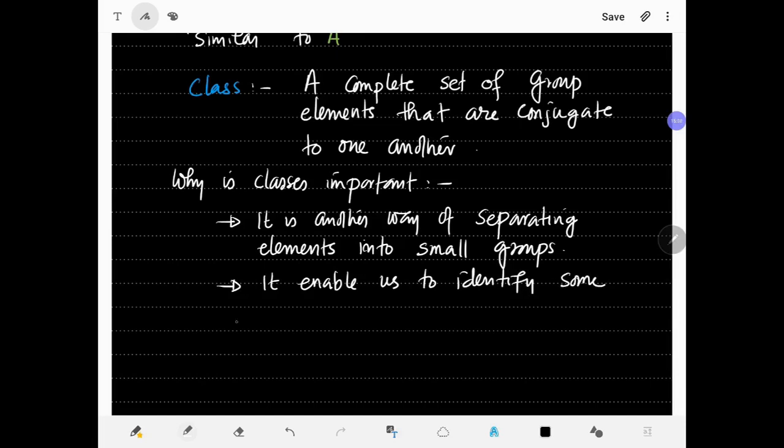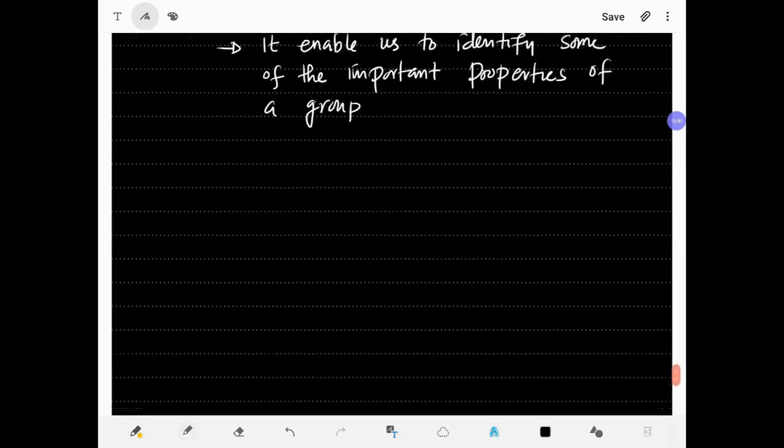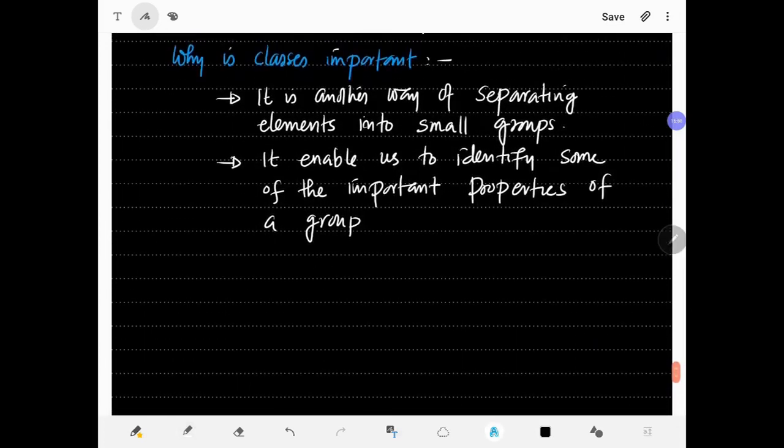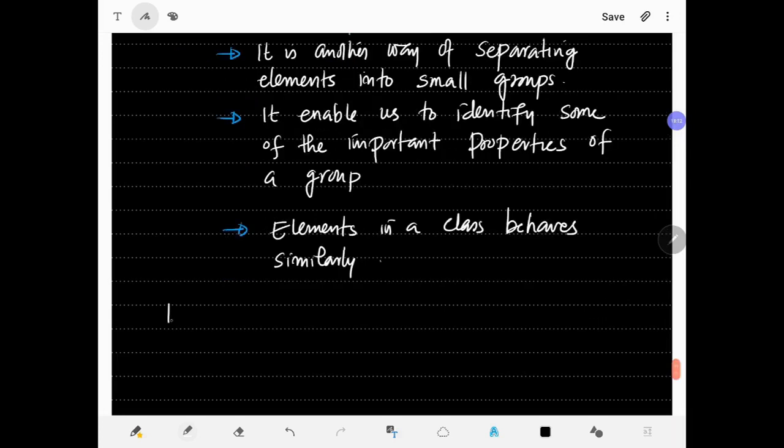Later when I discuss the mathematical preliminaries of matrix algebra, you will see that a symmetry operation can be written in terms of a matrix, and if 3 matrices are similar in terms of similarity transformation, then they all have same traces. So the third one is, it says the same thing, elements in a class behave similarly. Now one example, as I said, it will have the same trace. So these class of elements can be dealt as a group, and hence it reduces much of mathematical complexity.